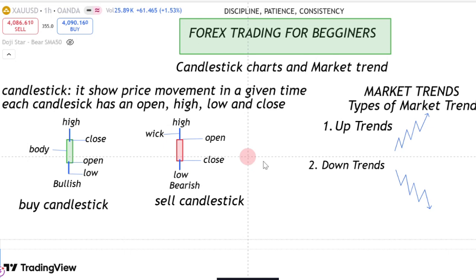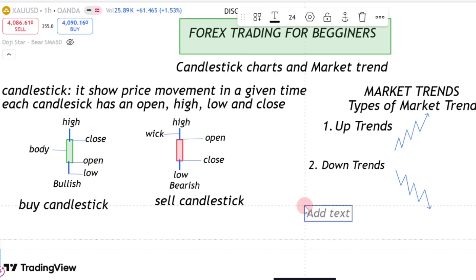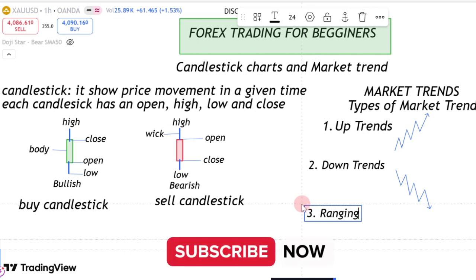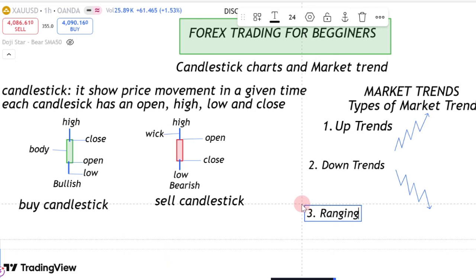And we have ranging markets. Three, ranging. Some call it consolidating, some call it sideways.